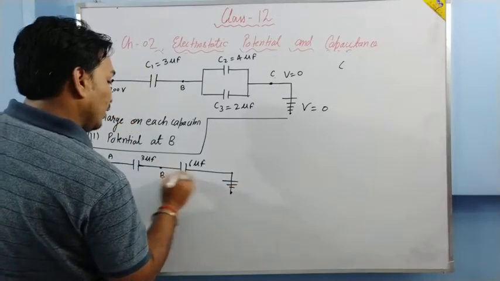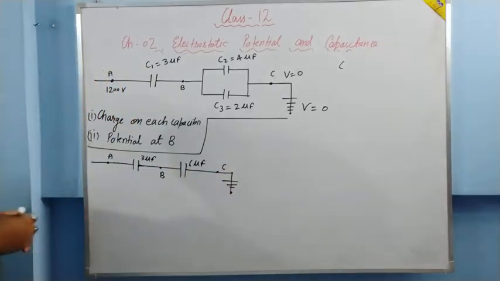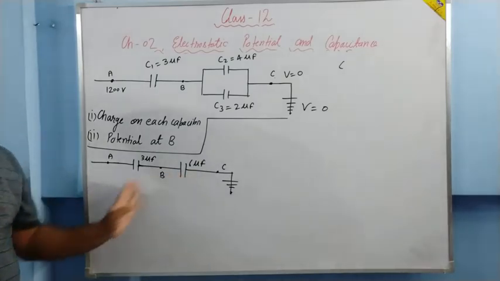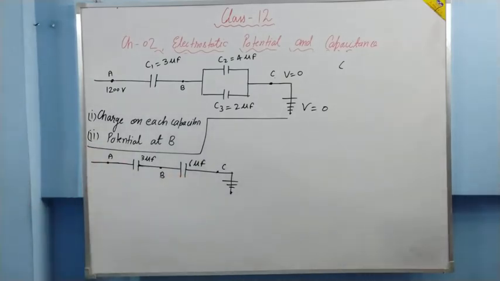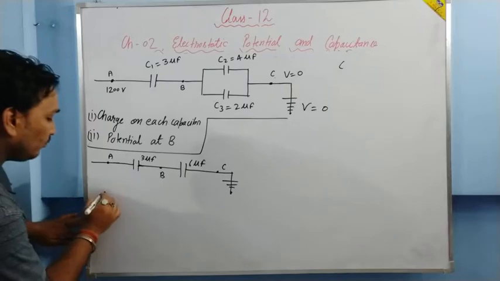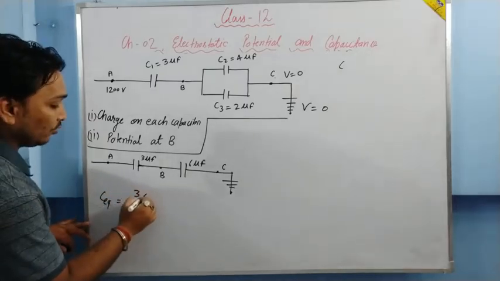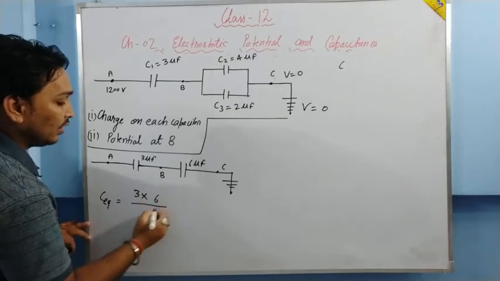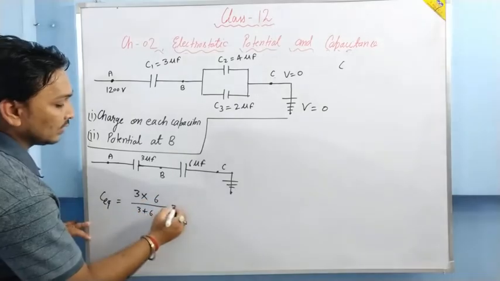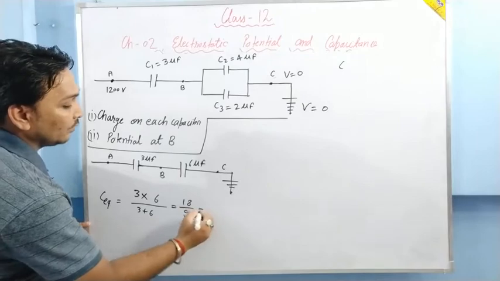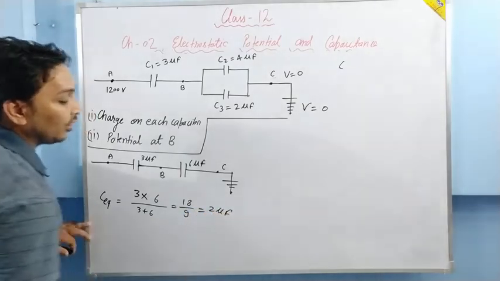Now here the point B is, and here the point C is. Now 3 and 6 are in series, and for series the equivalent capacitance will be C1 into C2 upon C1 plus C2, 3 into 6 upon 3 plus 6, 18 upon 9, which is equal to 2 microfarad.